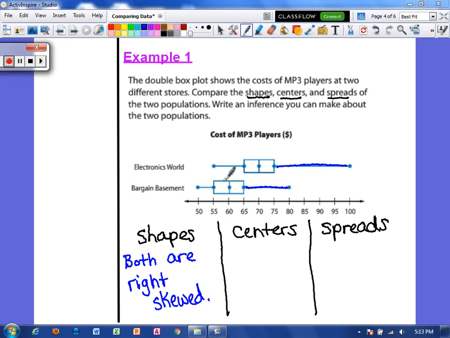Okay, let's compare the centers now. Since we have box plots, we are going to use the medians as the centers. So Bargain Basement has a center of 60, and Electronics World has a center of 70.